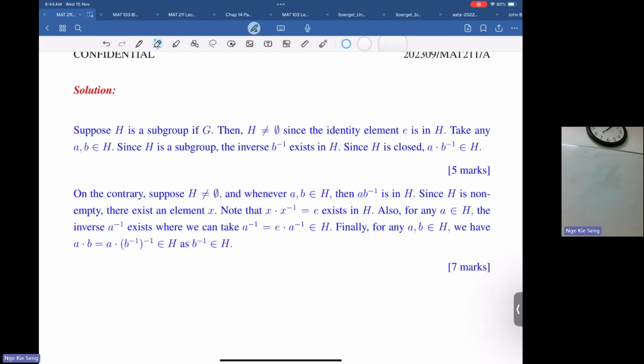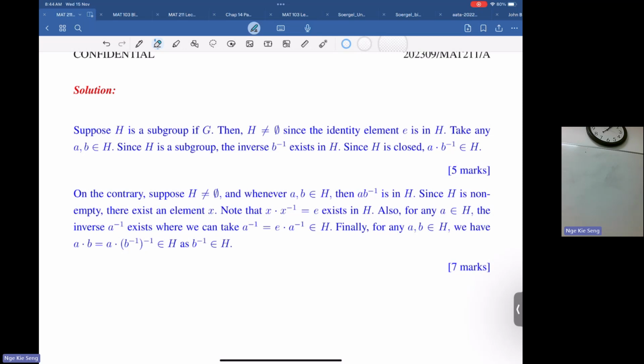You need to write properly like this, but I don't penalize you. But tell me why you can do this: because there is a non-empty element there, you just take that. If you don't say that it is not empty so I can pick one element, I don't penalize you. If you just pick one, I just let you go.